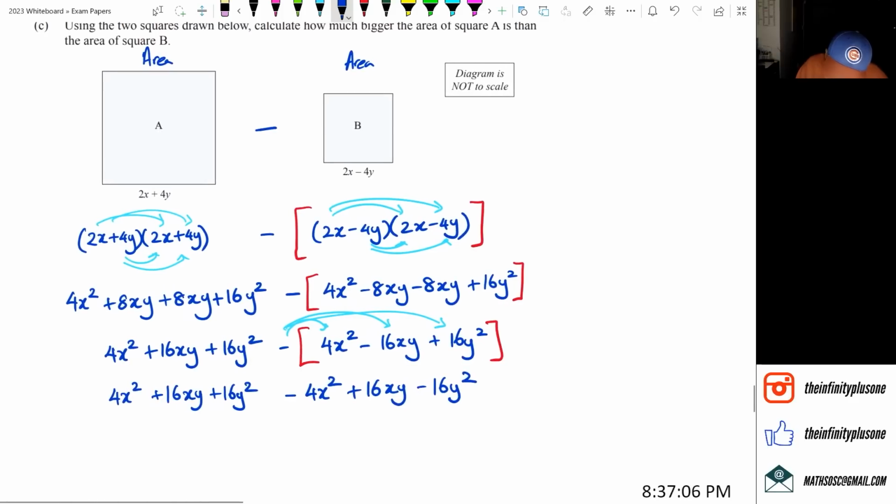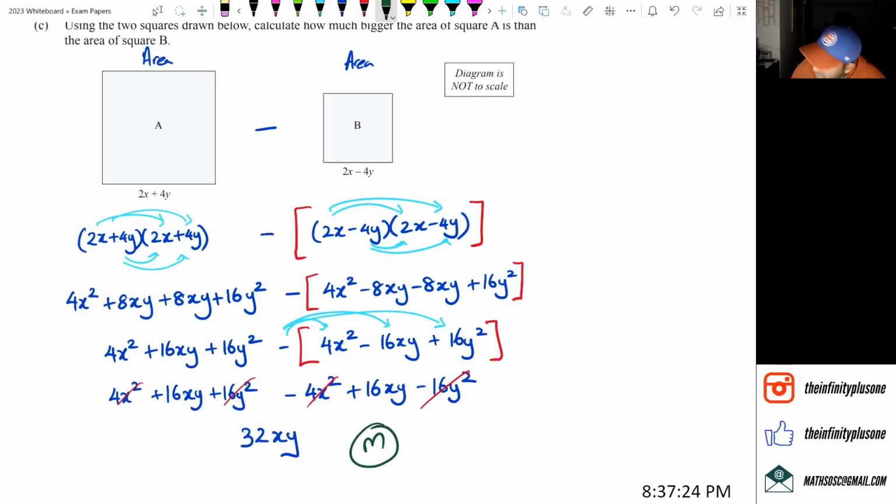When I do this, 4x squared disappears, 16y squared disappears, and I'm left with just 32xy.